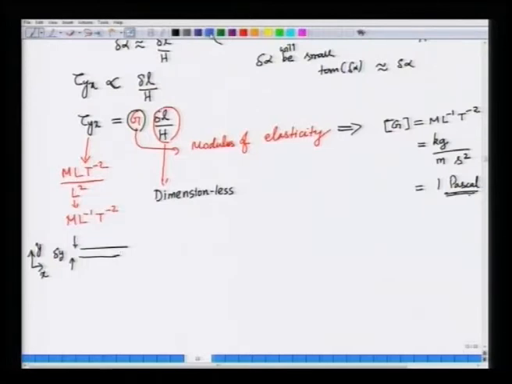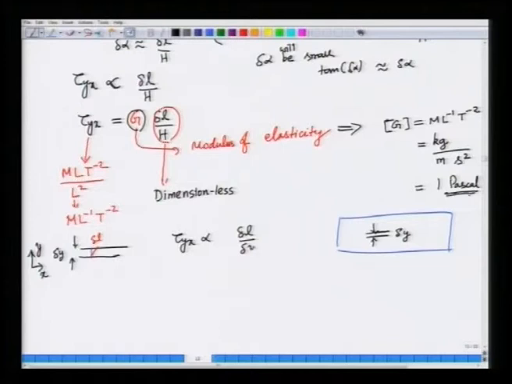Just to illustrate, this is your slab, and even within this slab you can take a tiny slice and worry about how the deformation changes with respect to stress within this slice. We will do the same thing. We will find that tau y x is proportional to, within this thin slice, a line that was originally like this would have moved like this. Let us call this delta L. So, again it will be proportional to delta L by delta y.